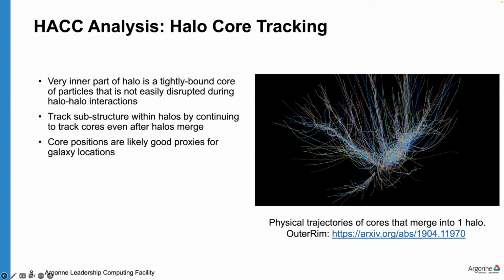So they remain very tightly bound, and they're good positions for galaxy proxies. Like I just mentioned, understanding this formation history is very important, particularly when creating these galaxy catalogs. And one reason is because these cores are actually very good proxies for galaxy locations.